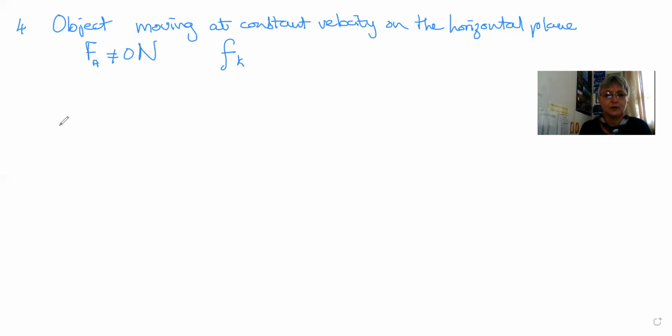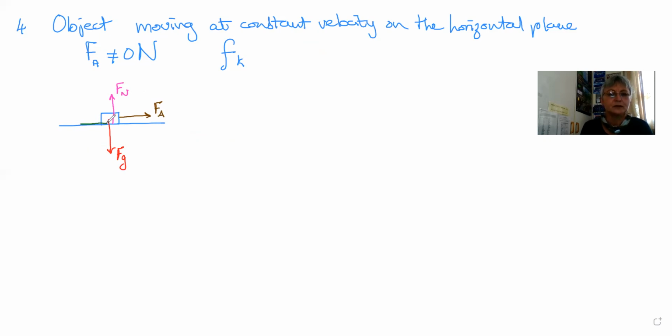Here we go. Our object will have gravitational force acting on it, a normal force acting on it that is equal in size to the gravitational force, and we'll have an applied force, whether it's a pulling force or a pushing force, it doesn't matter, and there will be a friction.